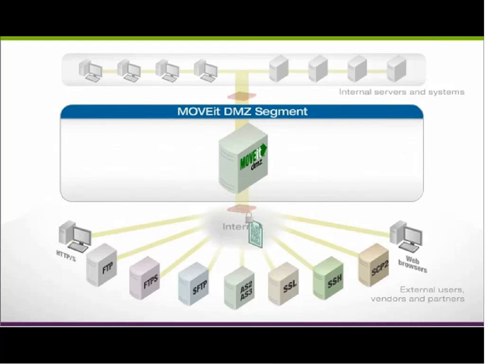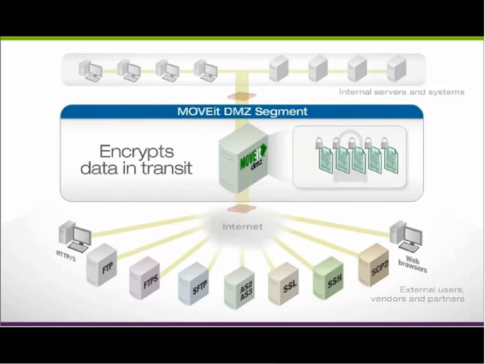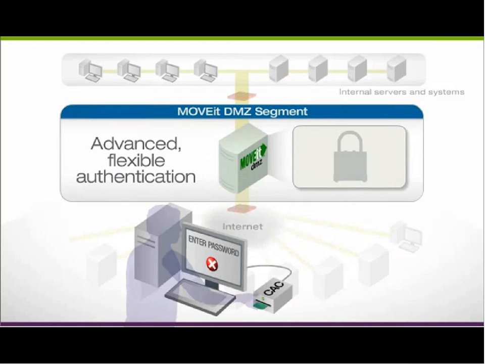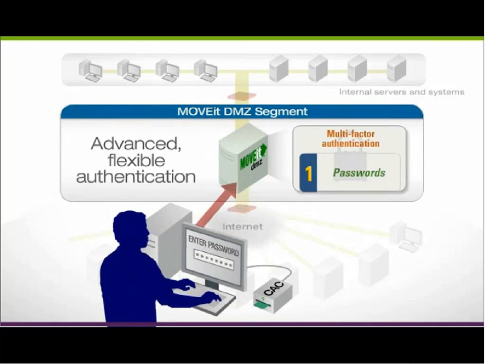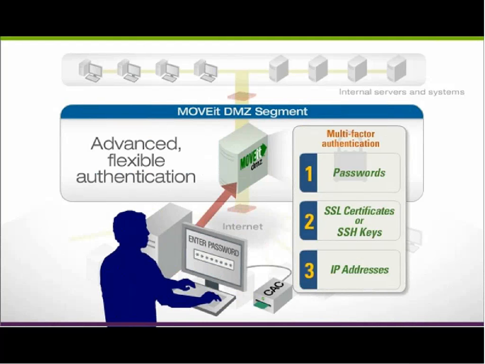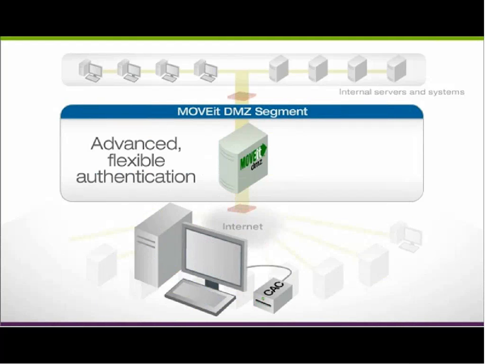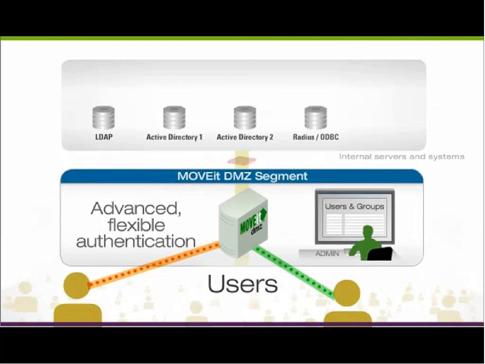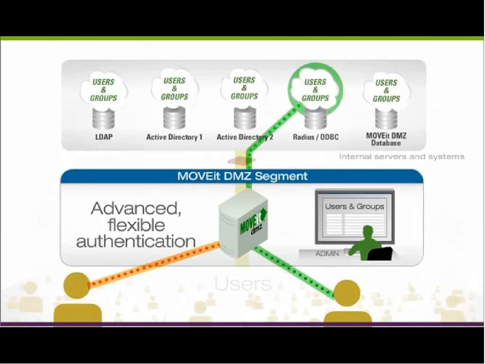All data is encrypted at all times, in transit and at rest. Administrators can enforce corporate authentication and password policies, including flexible 1-, 2-, or 3-factor authentication. Employees and external partners can be authenticated against multiple user databases simultaneously.